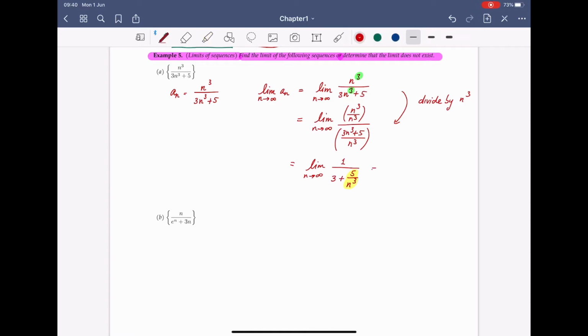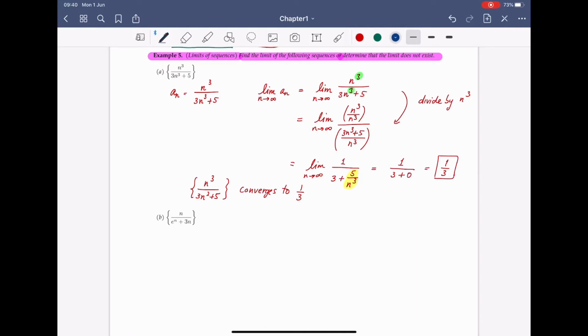When you compute the limit, you have 1 over 3 plus 0, and this is 1/3. Then you can conclude that this sequence, n cubed over 3n cubed plus 5, is convergent and converges to 1/3. That's example 5a.